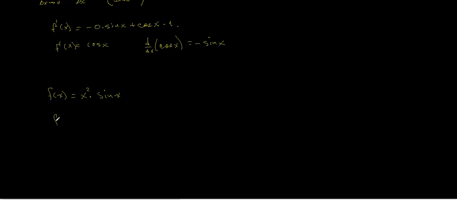We can say, well, in this case, f prime of x equals the derivative of the first function, which is going to be 2x times the sine of x, plus x squared times the derivative of the sine of x, which we already know from the previous example is the cosine of x, which then becomes just 2x sine of x plus x squared cosine x.